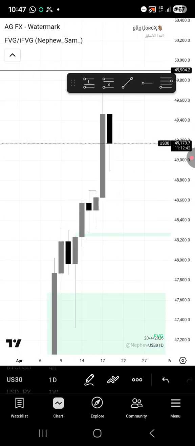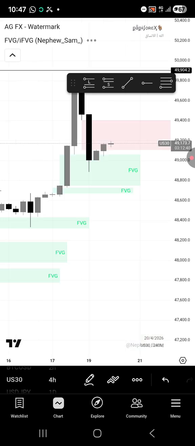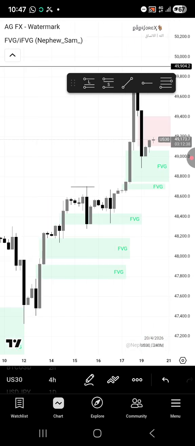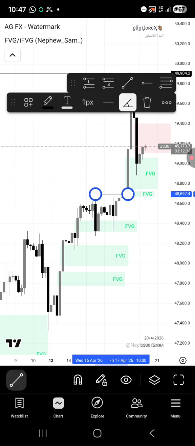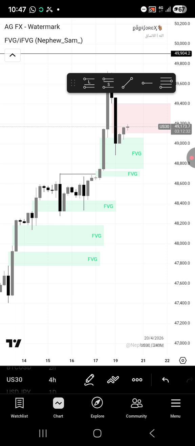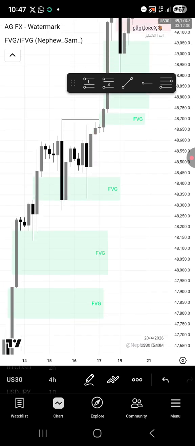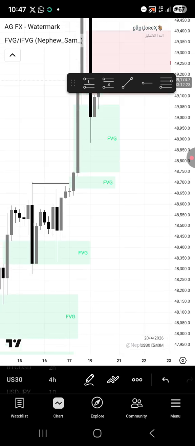Coming to my 4 hours time frame, you can see that this fair value gap is partially filled. So price has no business coming to this area at all.